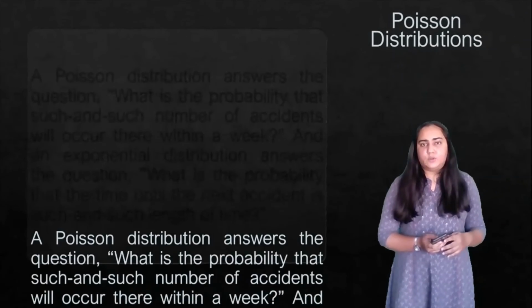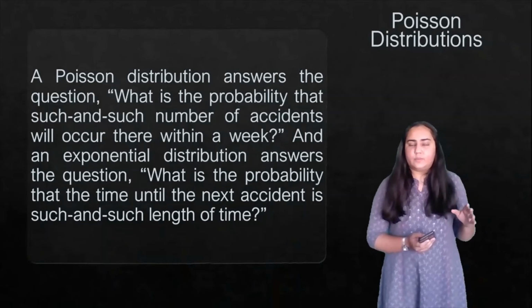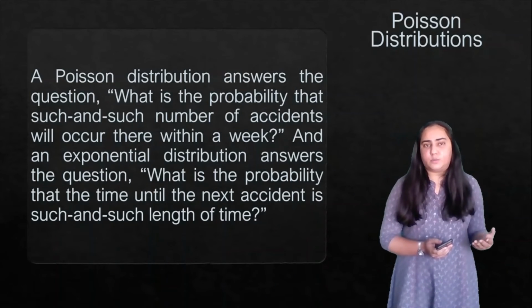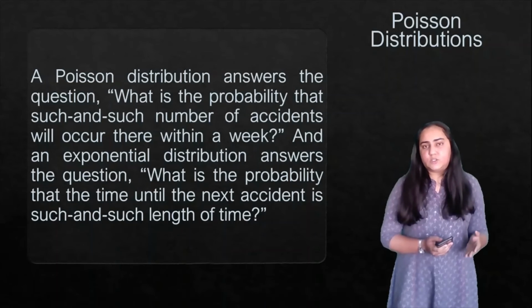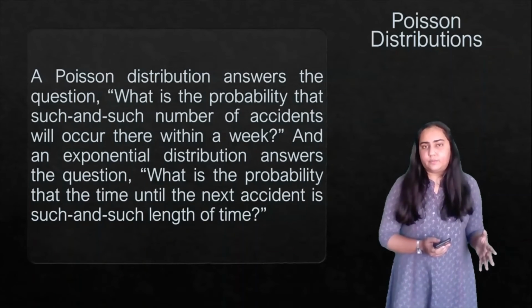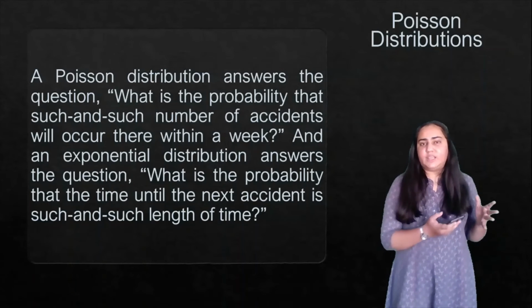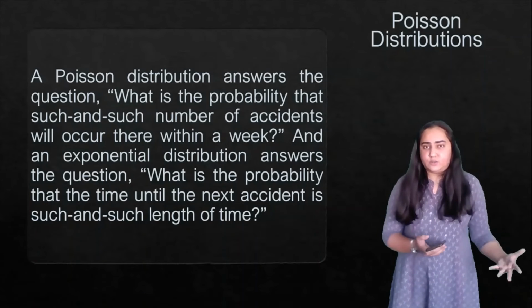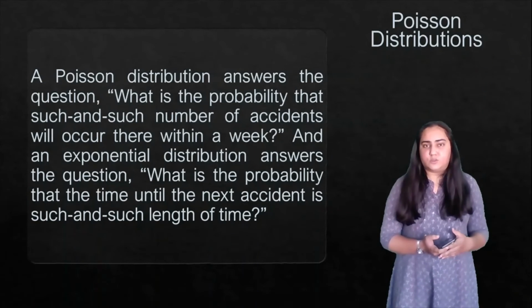Now here, a Poisson distribution answers the question: what is the probability that such and such number of accidents will occur there within a week? For example, what is the probability that 10 accidents will occur there? That is Poisson distribution.